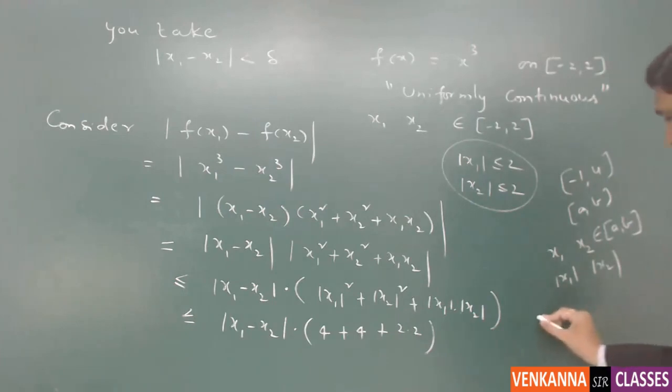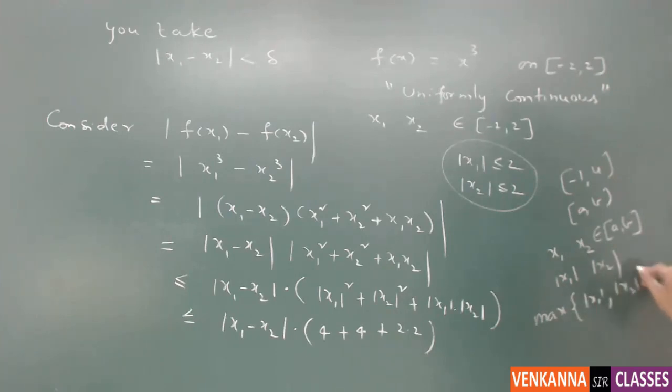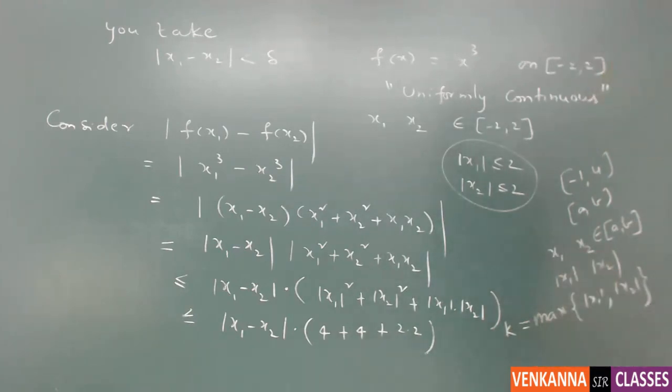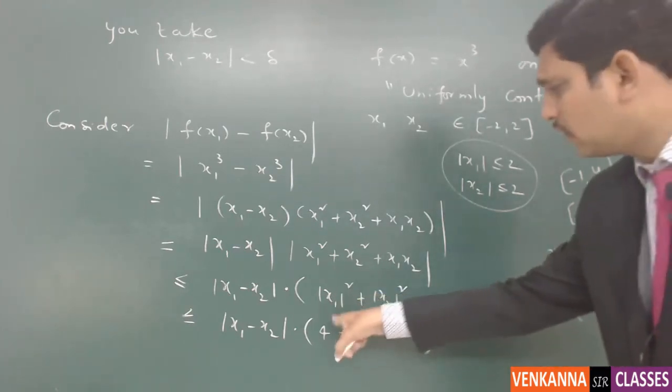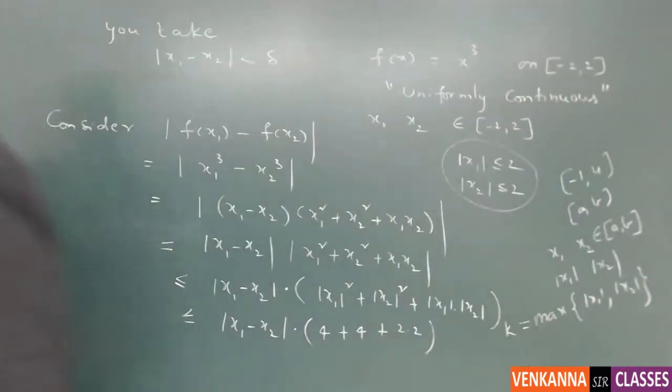So you can take the bigger among them. Then if you give a name for this, it is equal to k. Then this value will be less than or equal to k square and k, like that. Will you agree?